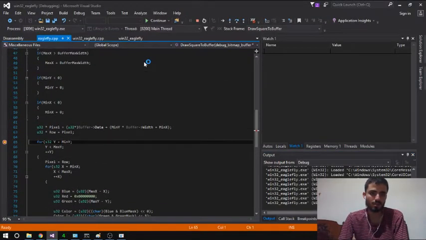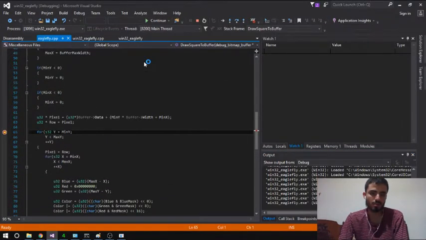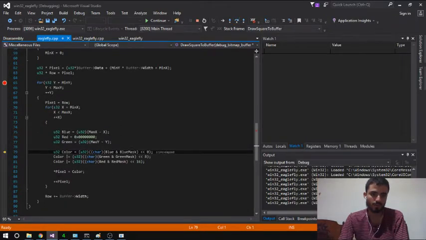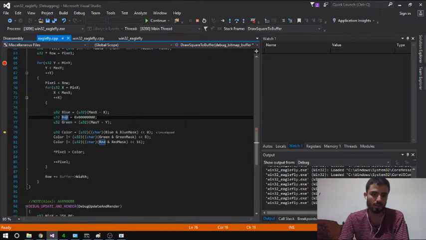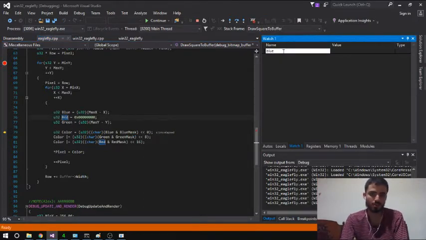We have the red, the green, the blue, and the blue mask. Oh, probably it's because of the mask.